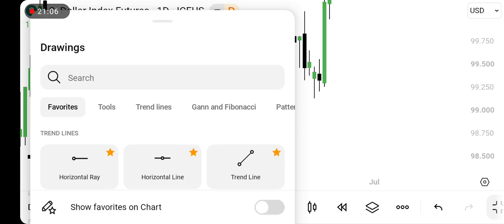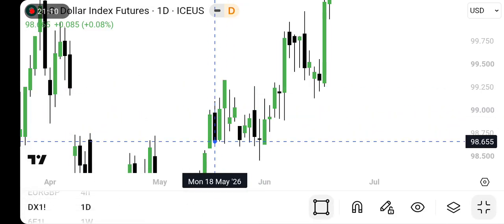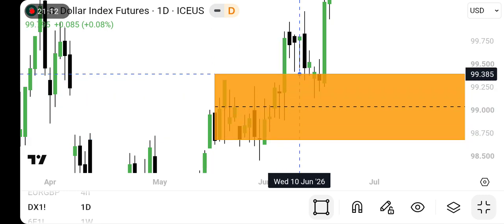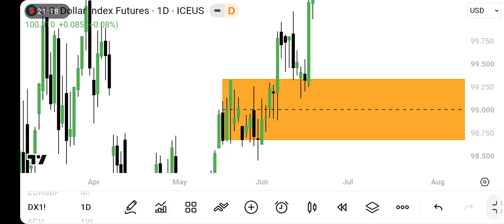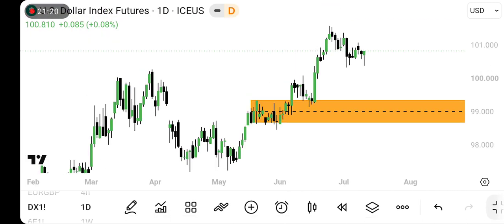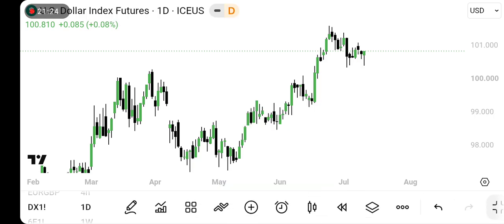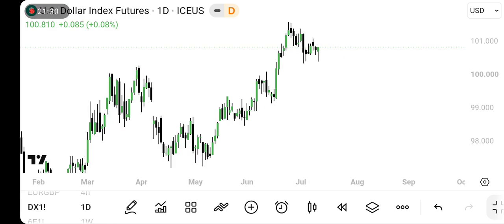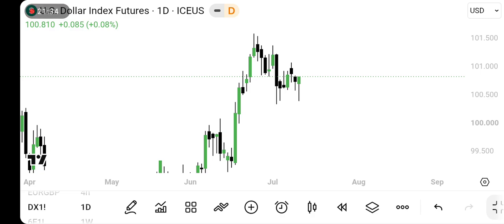Let me draw it out for you. The moment price traded into it, what do we have? Boom, energetic price action. Just moved up. So that is the bullish mitigation block.